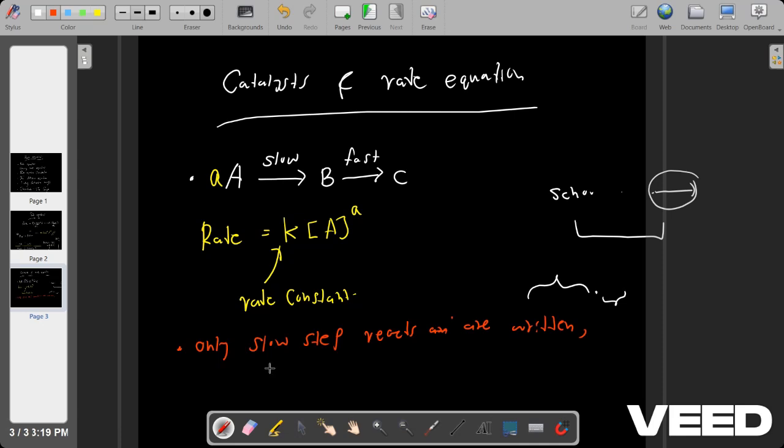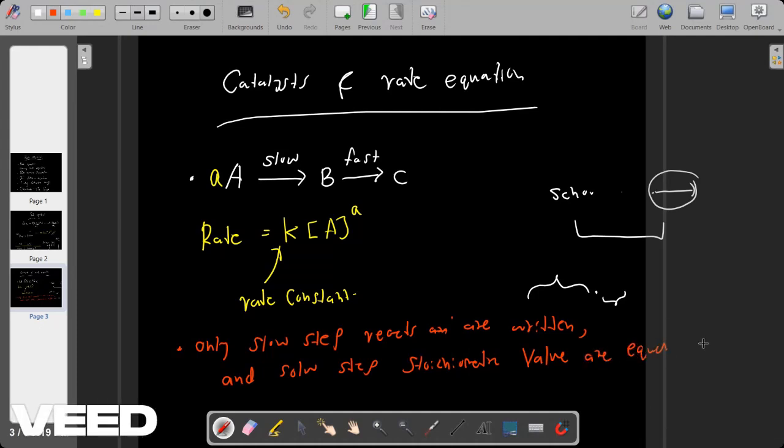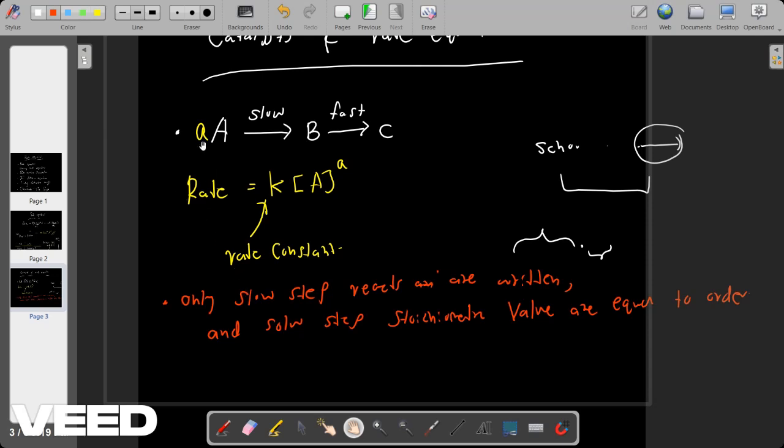And the slow step stoichiometric values are equal to the order. That is also important. So the stoichiometric value of the slow step is equal to the order.